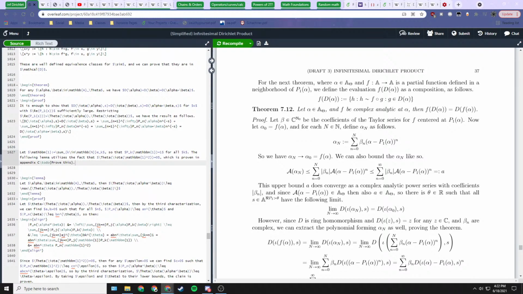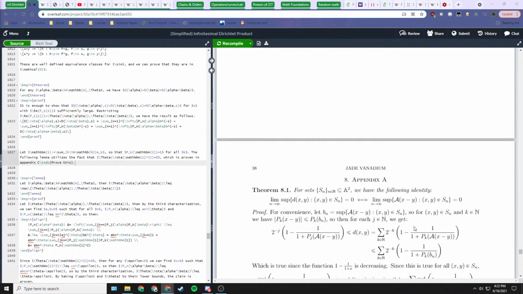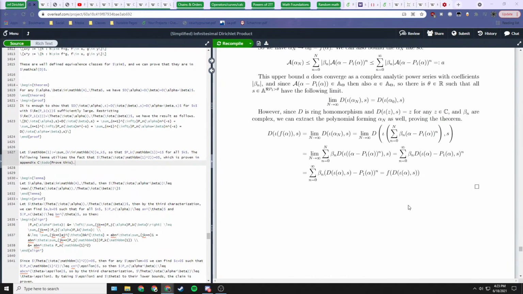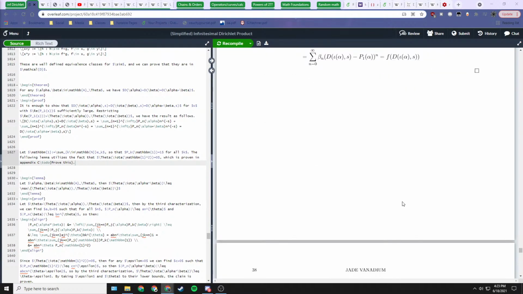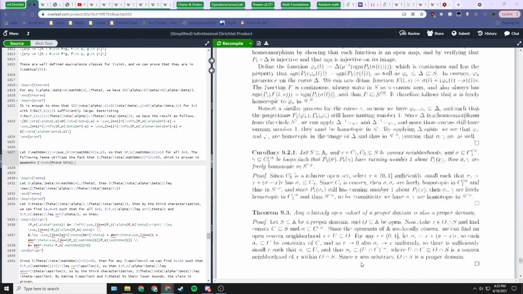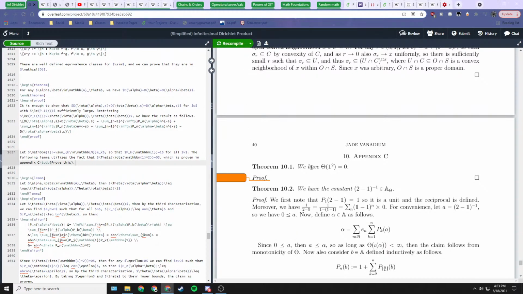I think we can maybe do, I don't want to go too long, maybe one more. We can attempt to do this one if we would like, proving that we have this theta value of this bold one.